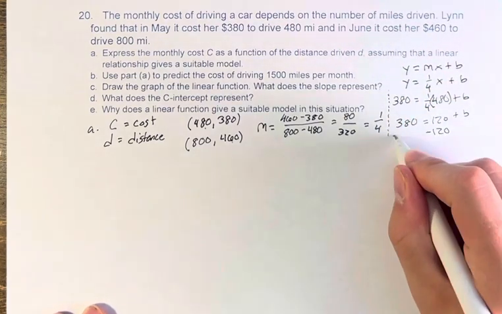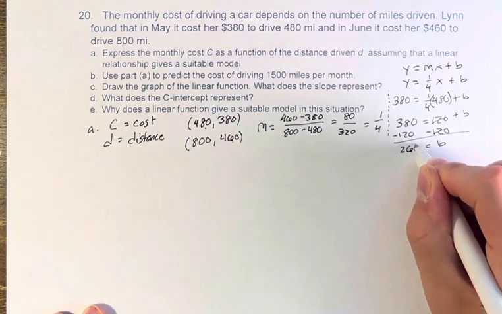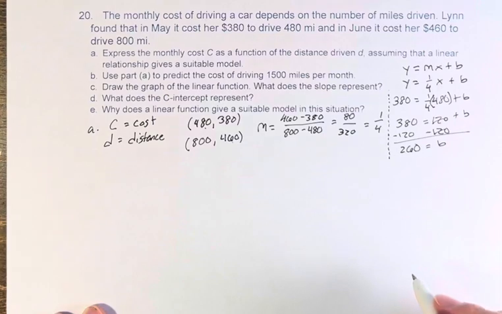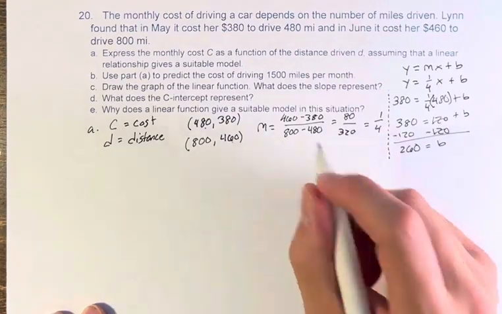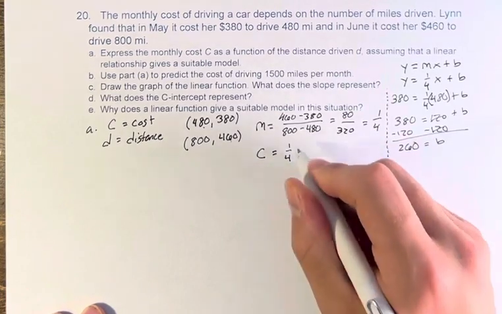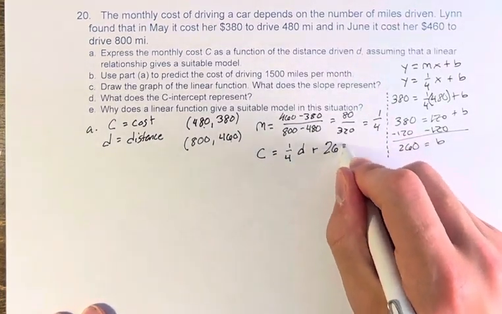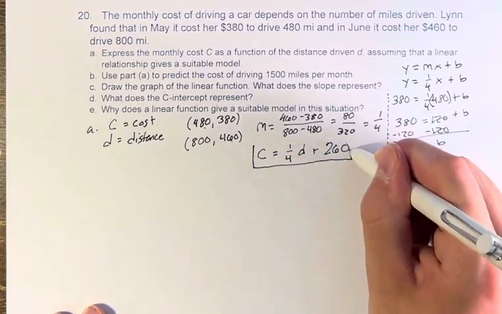Subtracting 120 from both sides, we get b is equal to 260. Therefore, not y, but C is equal to 1/4, the slope, times D plus the y-intercept, 260. This is our function.